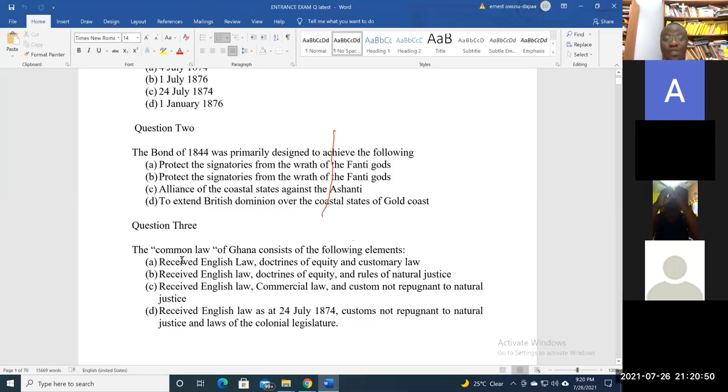Yeah, because when we read it, one might have just settled at A, and that would be the answer, but you don't lose anything if you decide to test the correctness of your chosen answer by looking at the other options. And that is why I would suggest that it is a good strategy in MCQ, when you get the correct answer, to also look at the rest of the options, as it were.